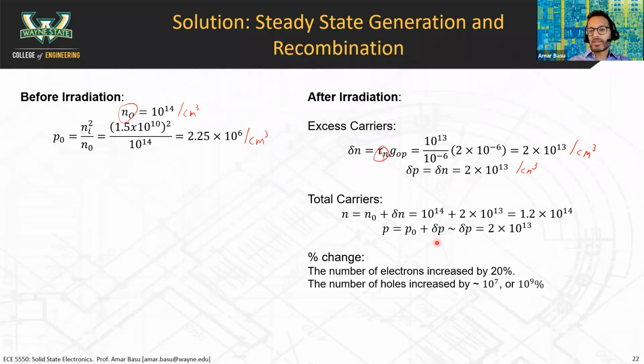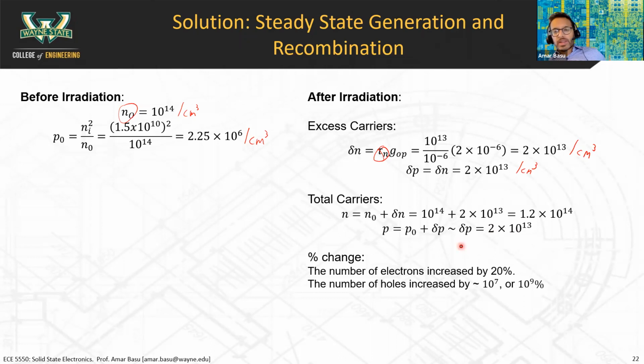One of the things we notice here is that delta p is many orders of magnitude above P0. So in this case, we can basically say p is approximately equal to delta p, since delta p is much larger than P0. This is equal to 2 times 10 to the 13th.